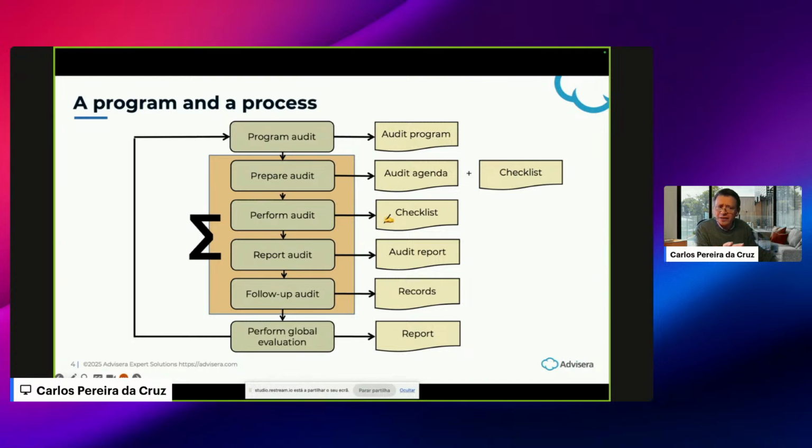A good practice is to audit more frequently those processes, those areas that have more non-conformities or have higher risks.